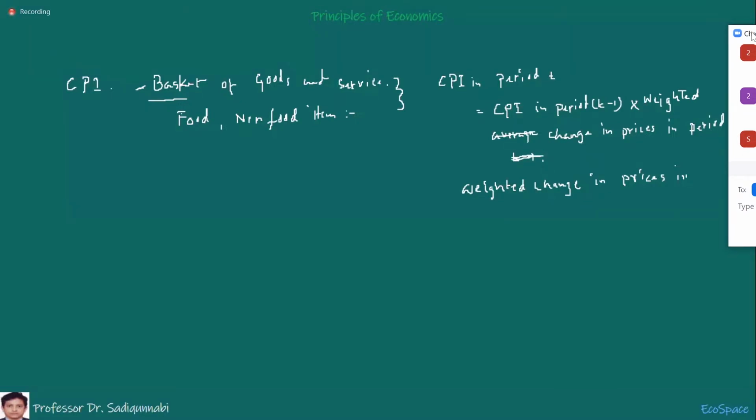This is period T. So the weighted change in prices in time T is measured by the following equation.